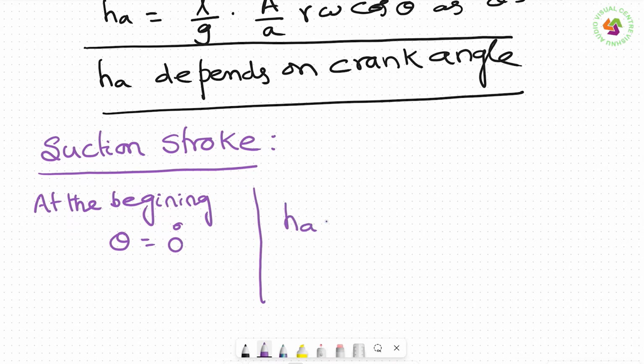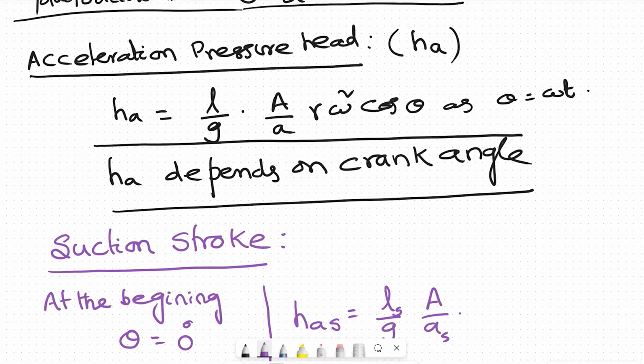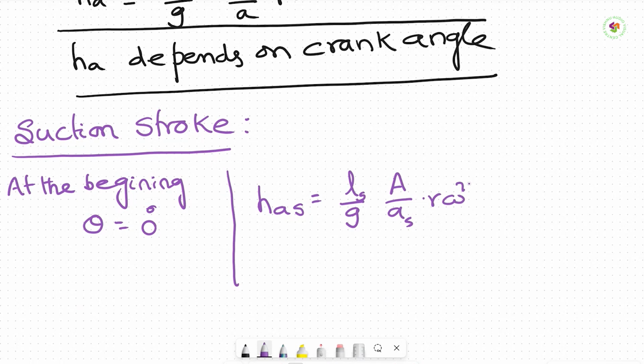So I can write HAS is equal to Ls by g, A by As, because it is the suction pipe, into R omega square into cos omega t, where cos 0 is equal to 1. So this is positive.